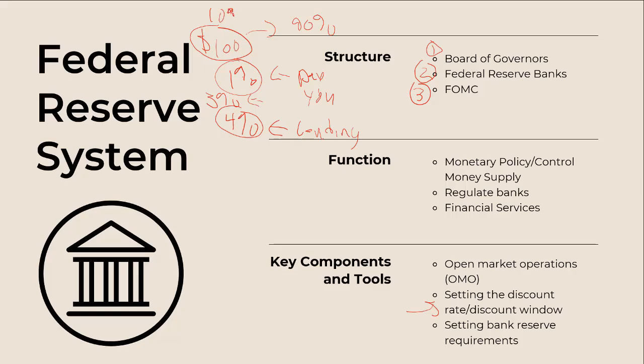So 90% of it you can lend, and you have to reserve 10% of it. Okay. If they change the reserve requirements, let's say you have to reserve 20% instead of 10, they can no longer lend $90 out; they can only lend $80 out.